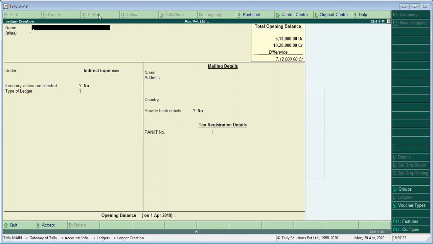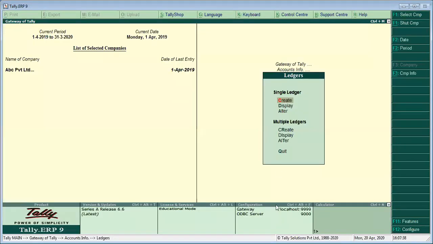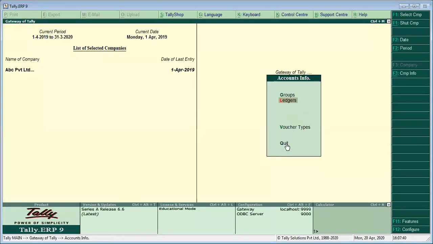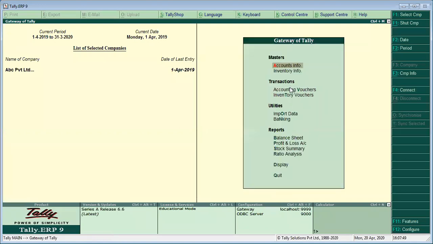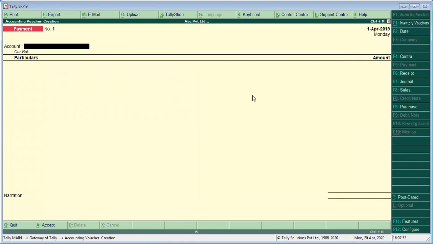Now go for accounting vouchers. Double click. You need the payment, so click on F5.